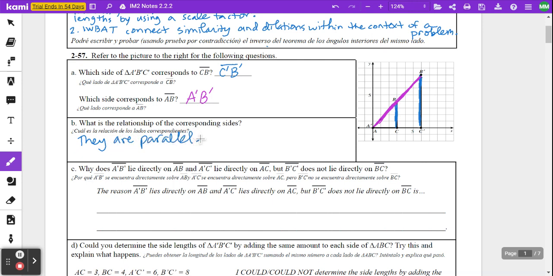You may also have noticed that one is double the length of the other. The prime sides double the length of the non-prime sides.